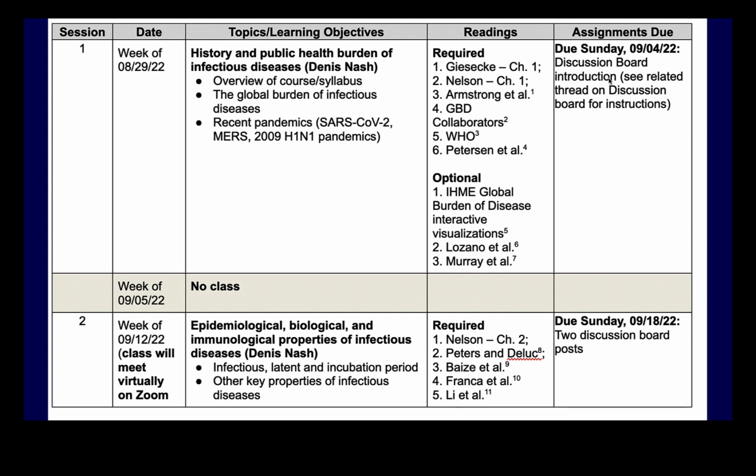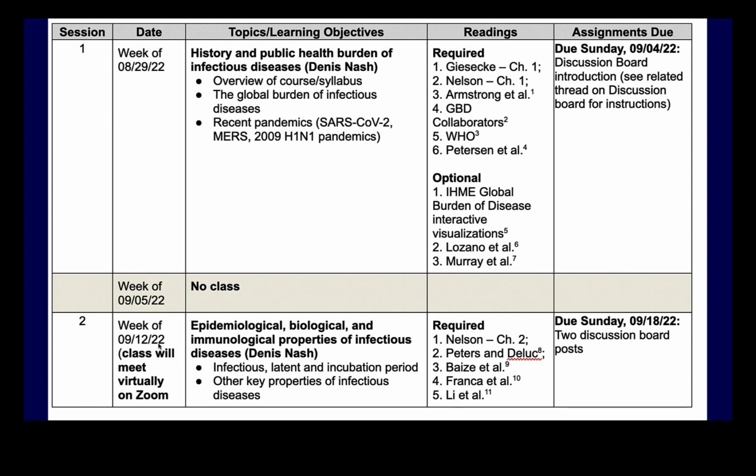On the rightmost side, you can see when assignments related to that session are due. So for session 1, which begins on August 29th, you will have until the following Sunday, September 4th, to do your discussion board posts. Then the following week of Labor Day, there's no class, and we'll resume the week of September 12th.